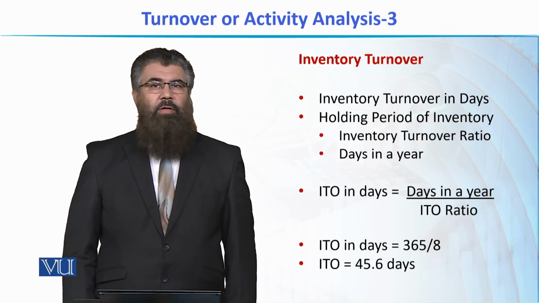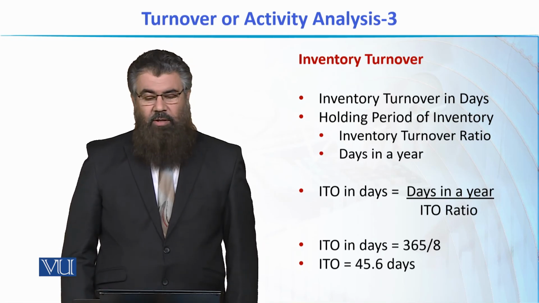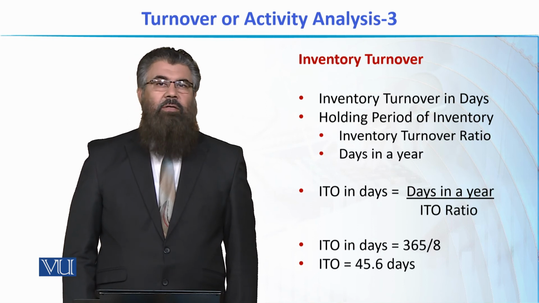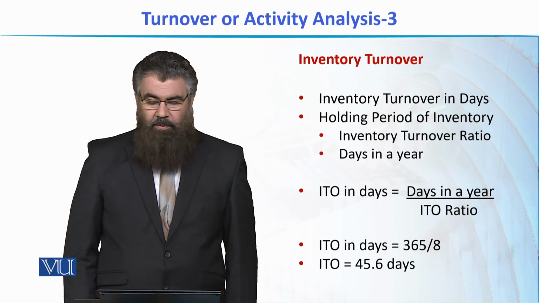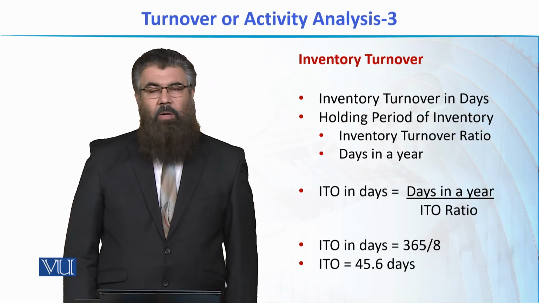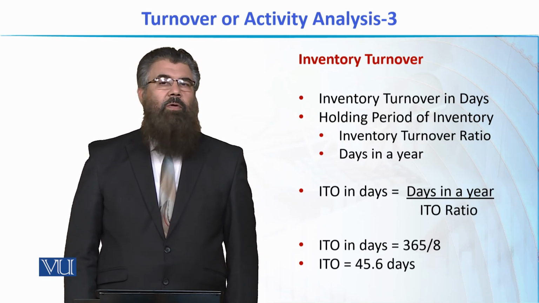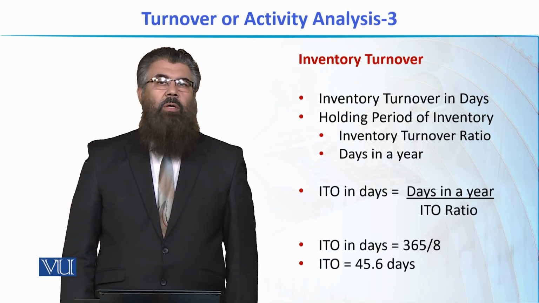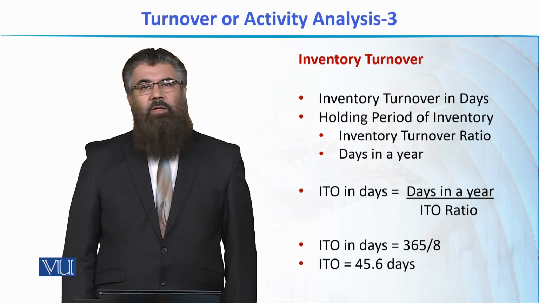That means the shorter the holding period, the quicker the turnover, the more the profit, the better the cash flows. So this means we would like to have a shorter inventory turnover in terms of days, or a shorter holding period. To calculate the holding period of inventory, we need to have the inventory turnover ratio, which we have just calculated. And we also need to know the number of days of the time period for which we are calculating this ratio.